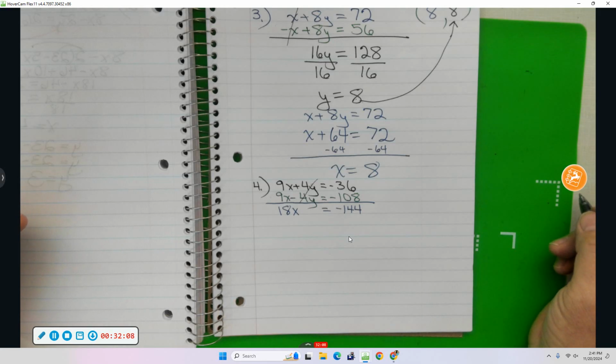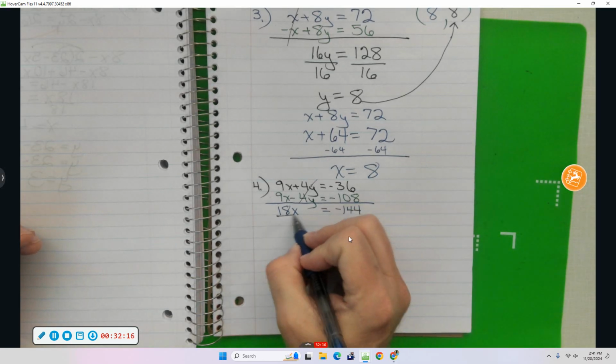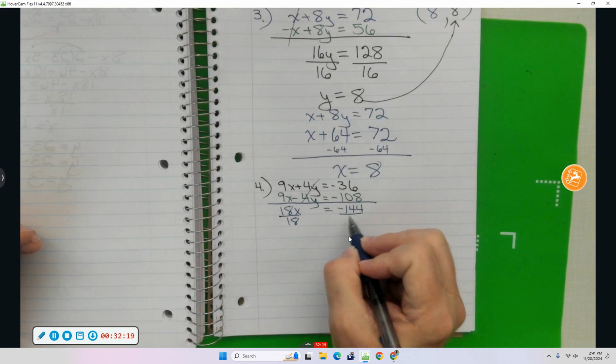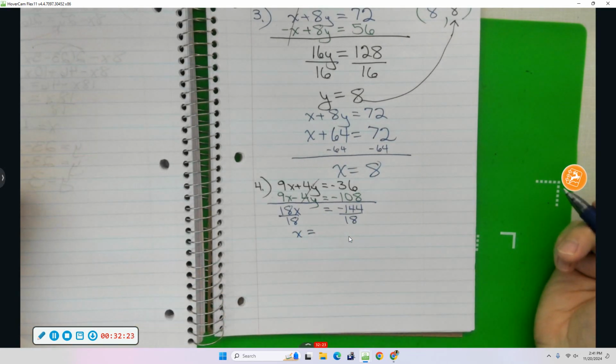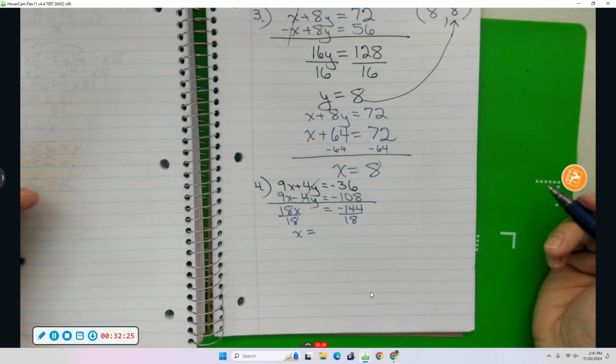So to solve for x, we'll have to do what? Divide by 18. So that's going to give us x equals negative 144 divided by 18. Is that 8?